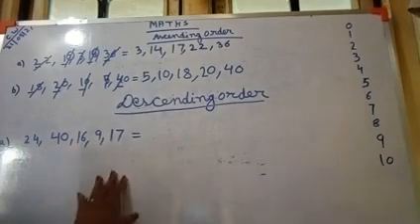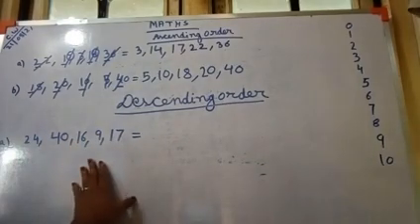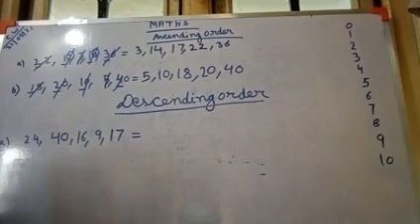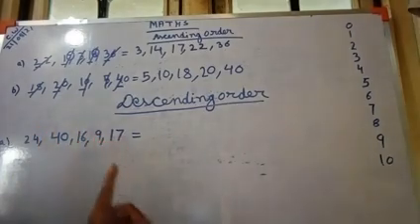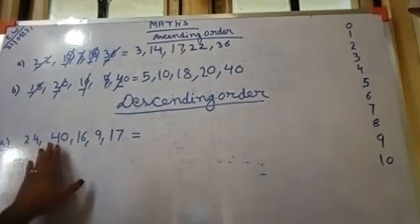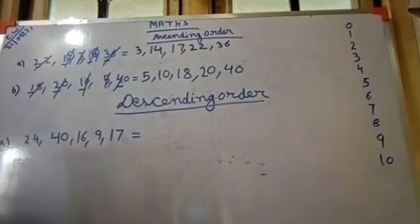This is 17. Out of these, 9 is the smallest one because 9 is a one digit number. Okay. And 24, 40, 16, 17 all are two digit numbers. So we will not be confused now. We will go to the tens place number. And here descending order means bigger number to smaller number.